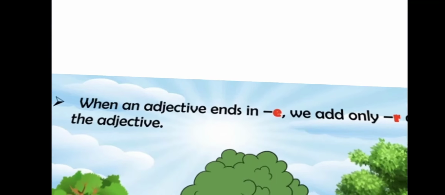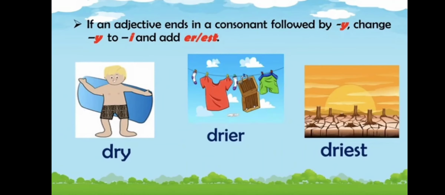Next, if an adjective ends in a consonant followed by Y, change Y to I and add ER or EST. So here, whenever you have an adjective that ends with Y, at that time for comparative degree you will add IER. Okay, it will be drier.